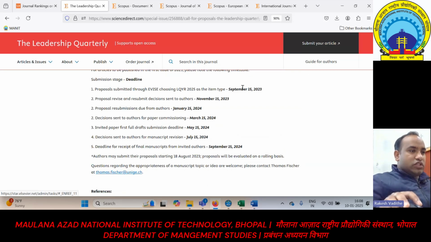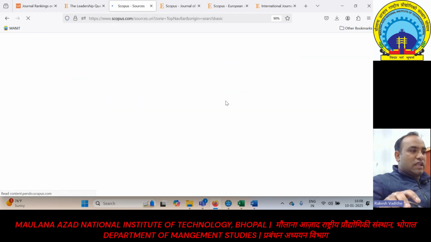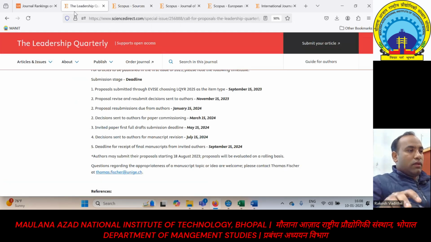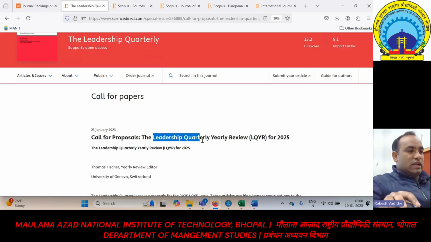In case you are able to write within that time, you may submit to this journal. In case it is not possible, then go to the Scopus database. Here you search for that journal, the Leadership Quarterly.